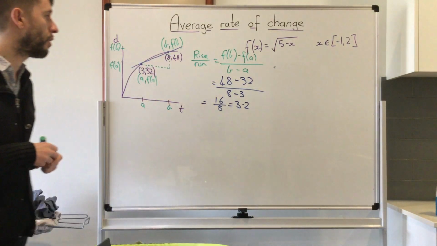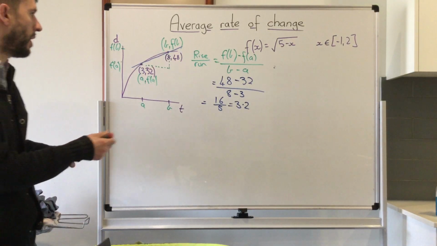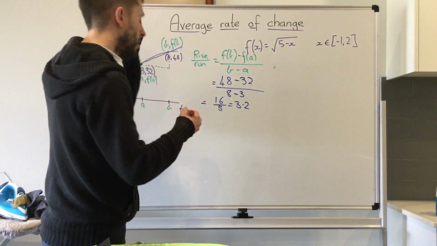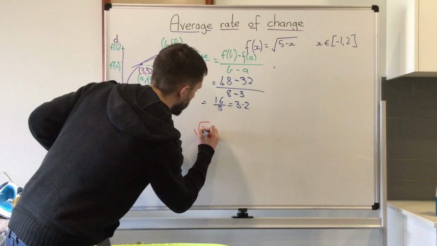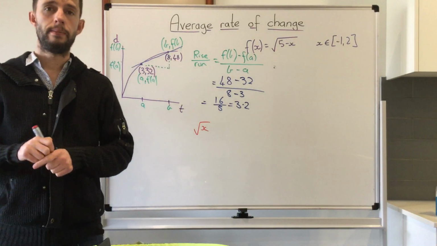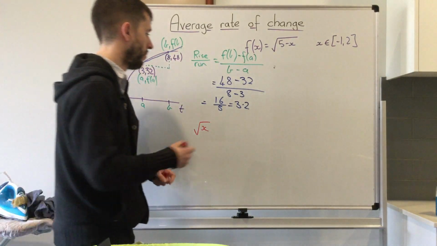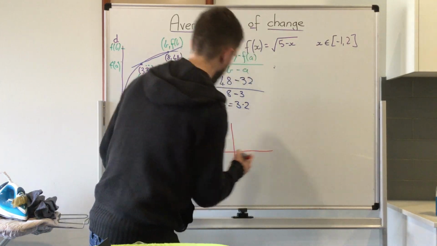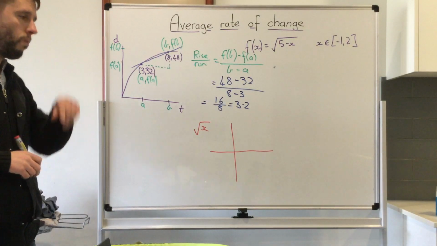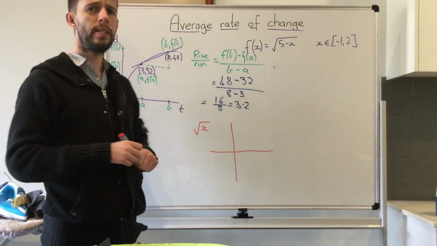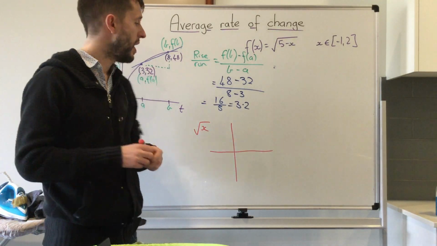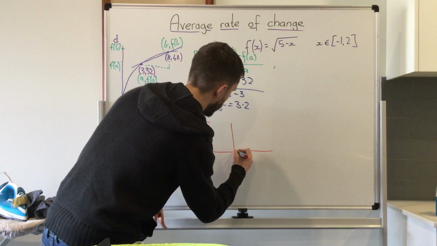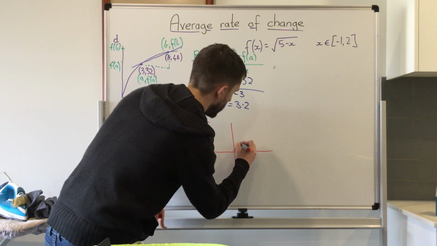I'll do everything in a different colour so it makes it easier for us. Red. So if I'm thinking about the basic graph of the square root of x, the first thing I think about is that my graph is going to be going like this.